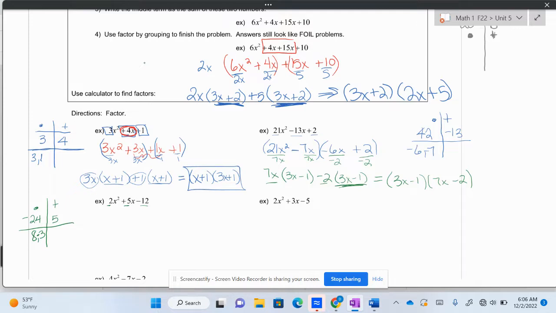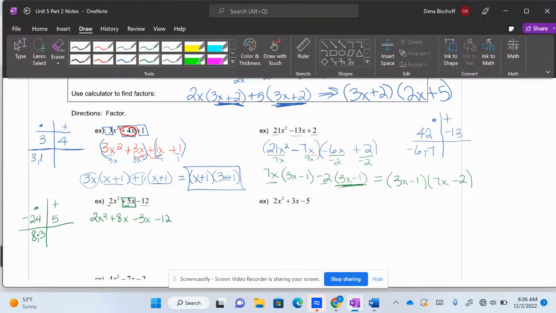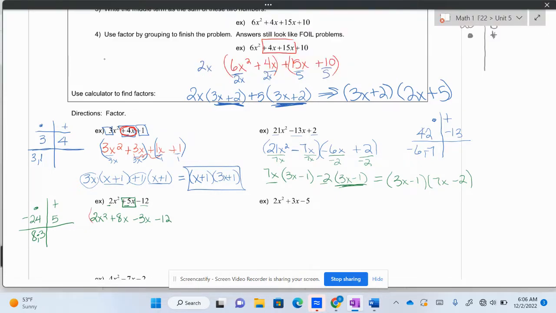So positive 8, negative 3. So we're going to rewrite this as 2x squared plus 8x minus 3x minus 12. Again, remember, I'm replacing the positive 5x with a positive 8x and a minus 3x because these add together to equal that. I only do that so I can group them.